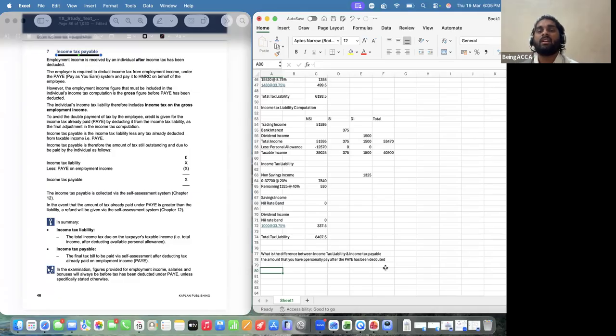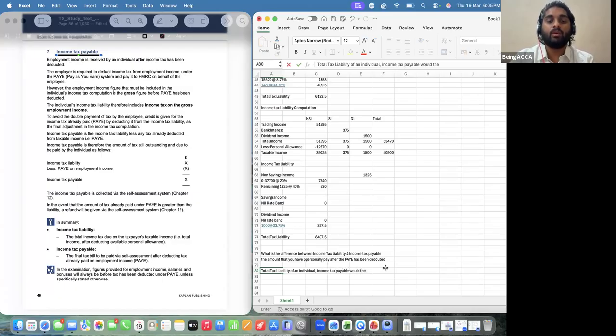So because of that, from the total tax liability of an individual, they only have to pay income tax payable, which would be the total tax liability minus pay as you earn.